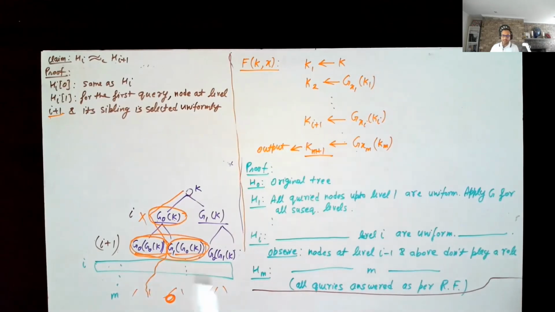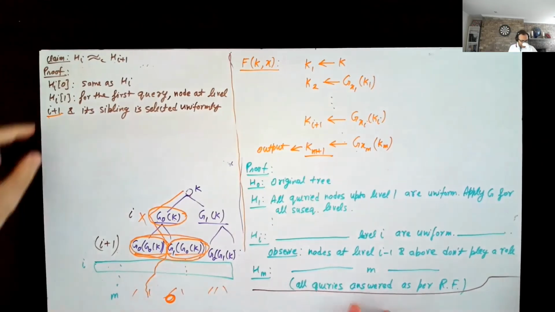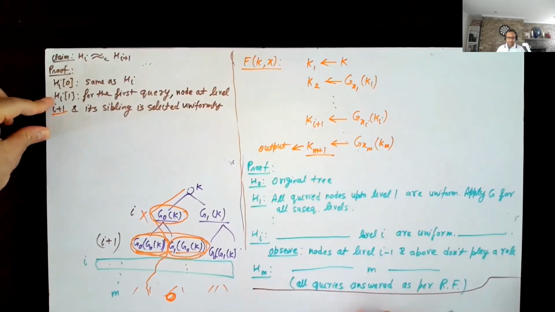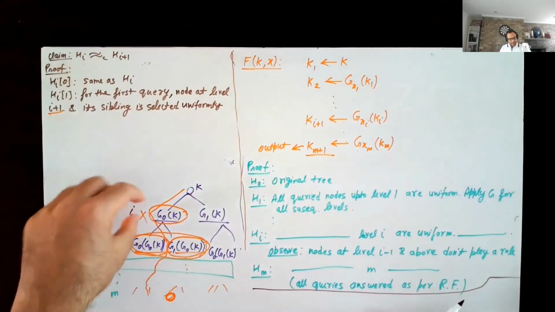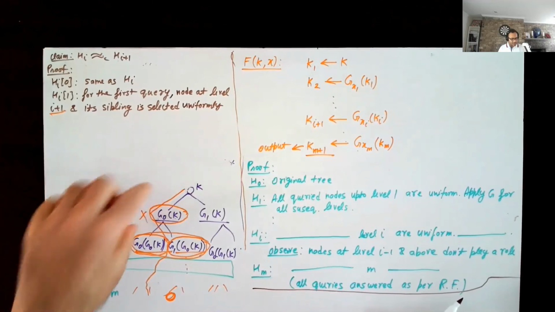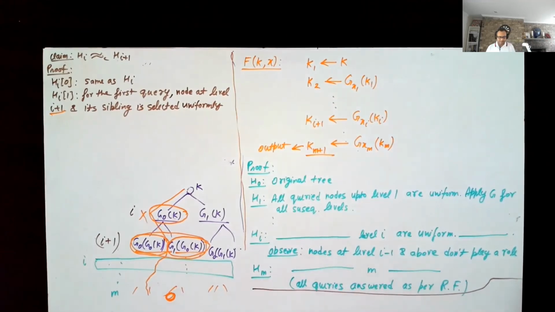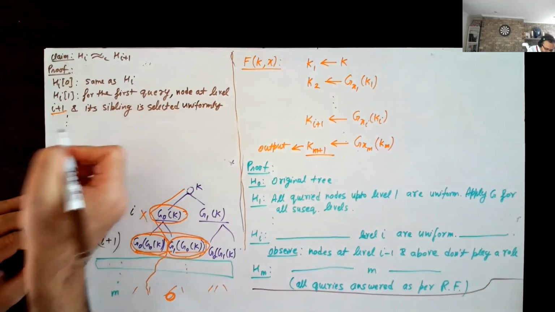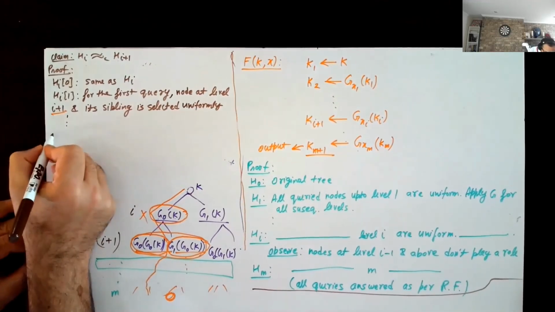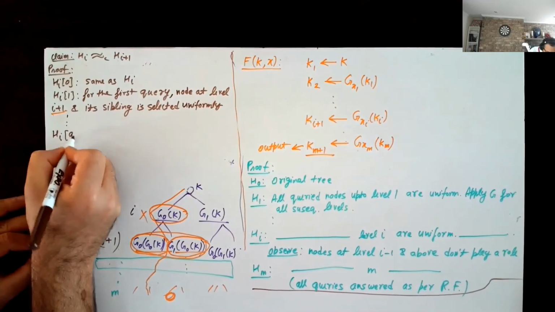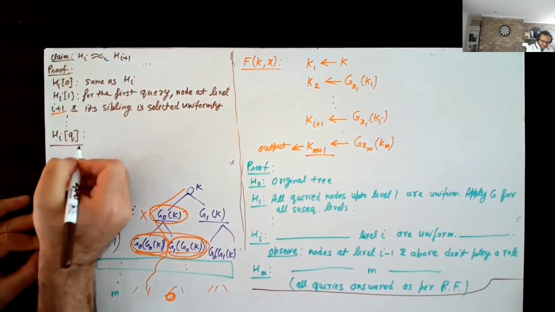And now the nice thing is, if you look at H_i0 and H_i1, I'm only replacing one invocation of the PRG with a uniform output. And now I can use PRG security. And then you keep going like that. And then finally, we will have H_iQ, where Q is the number of queries.